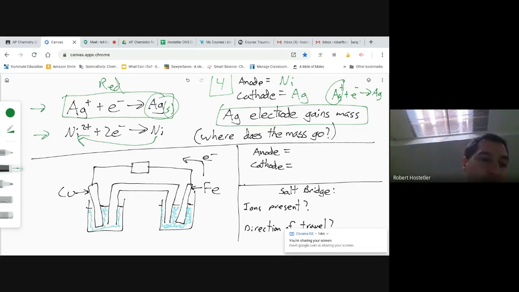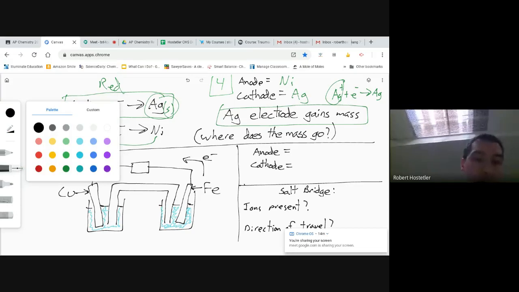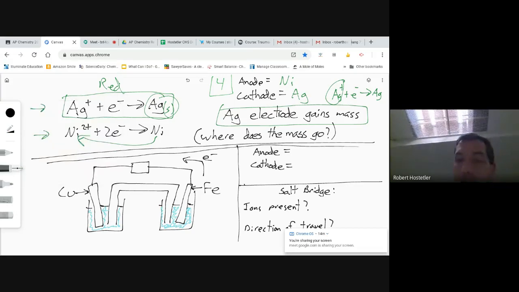Okay, if you have a different kind of situation, like we do down here, and they give you a picture, you can also determine which one is the cathode by looking at the picture. So the one that is gaining electrons so that the ions turn into a solid will be the one that's receiving the electrons.